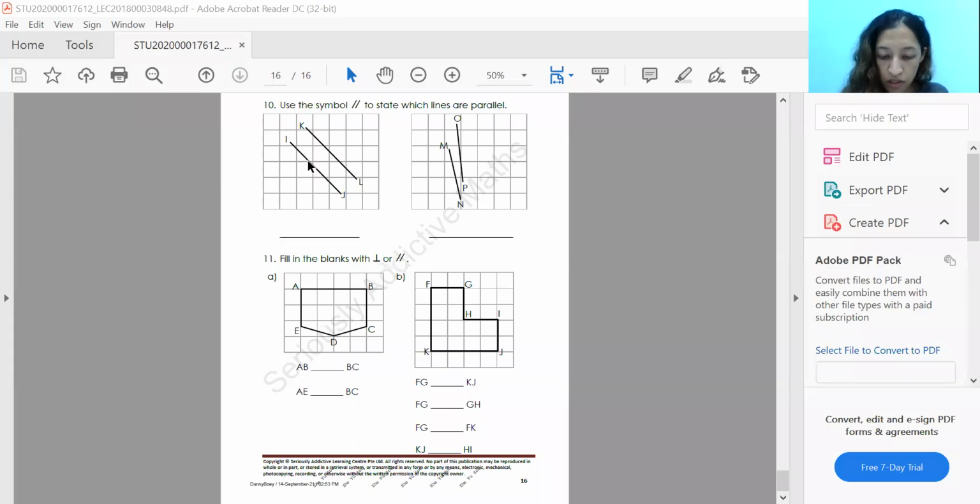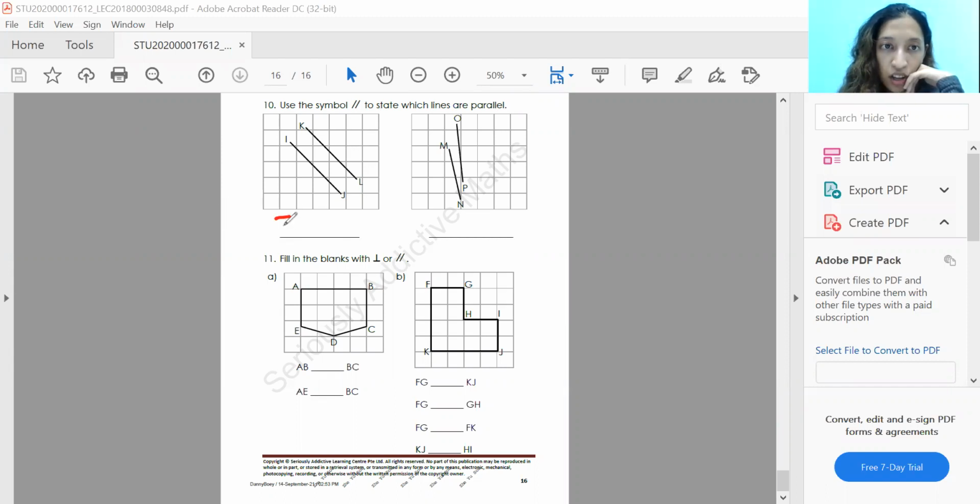Okay, I would like you to pause on this page and attempt all the questions for me before I go through. Okay, let us see. Now, use the symbol to state which lines are parallel. So this shows that the lines are parallel, right? As you can see, IJ and KL are straight lines, they do not meet, and they're the same distance apart. So yes, they are parallel.